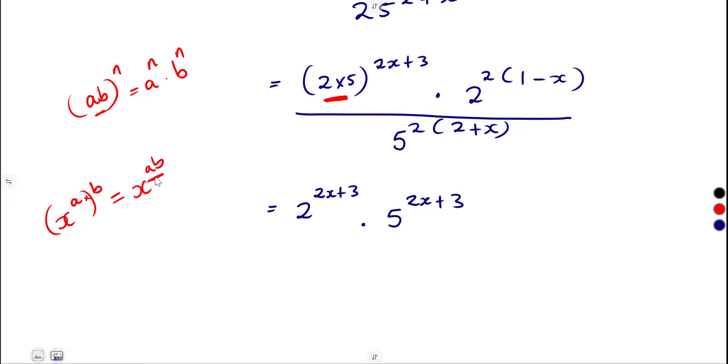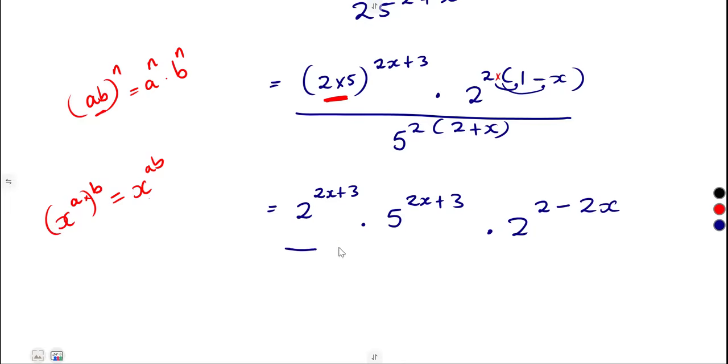There is a law there. You just combine the exponents by multiplying. So 2 multiplies everything in that bracket. So it's going to be 2 to the exponent of 2 times 1, which is 2, times 2 times negative x, which is negative 2x.